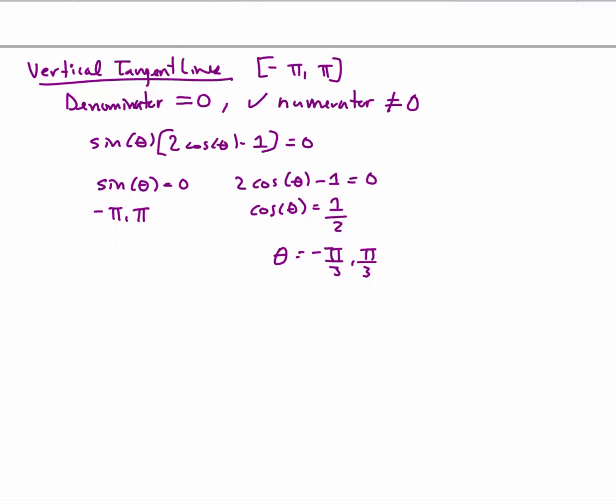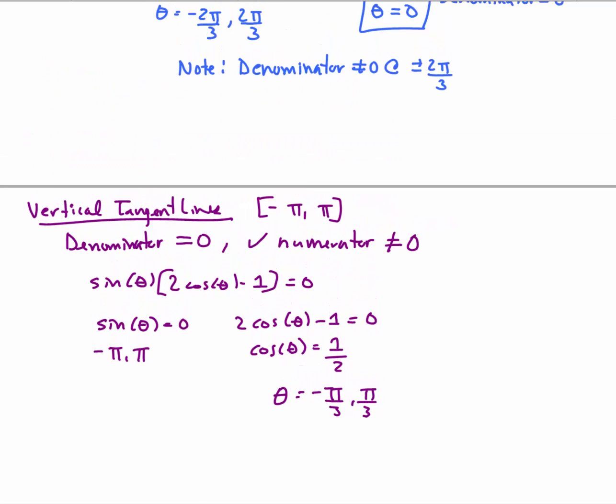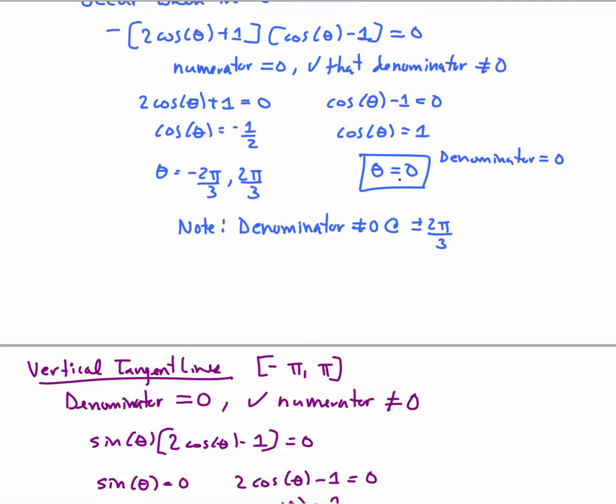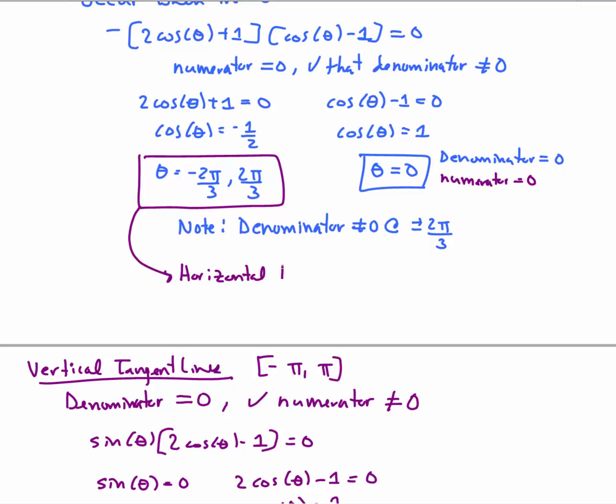Now it looks like we've checked everything except we had that weird case when theta was 0. Remember, I had the denominator equal to 0 and the numerator equal to 0 in this case. So I guess we should better summarize some of this. So here I have horizontal tangent lines at theta equal plus or minus 2 pi over 3.